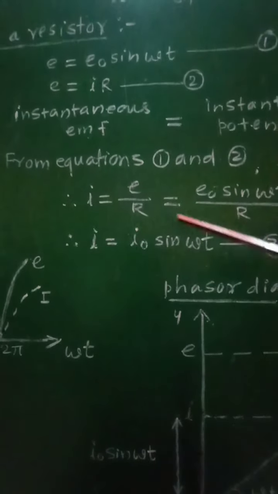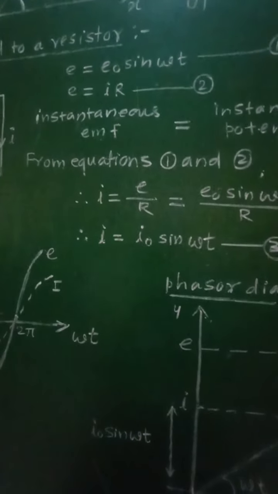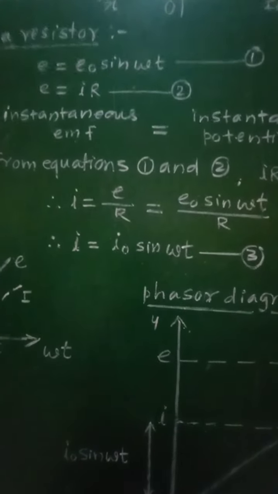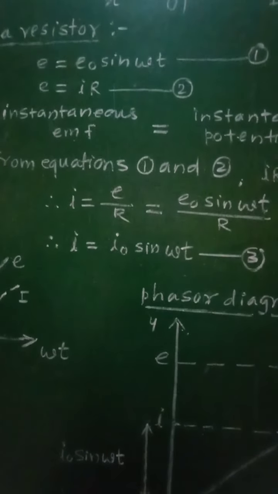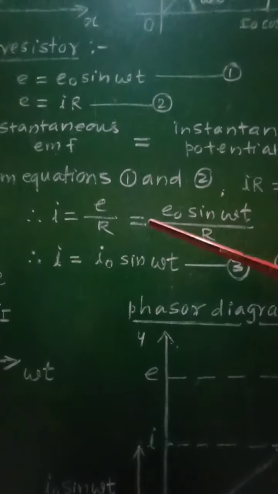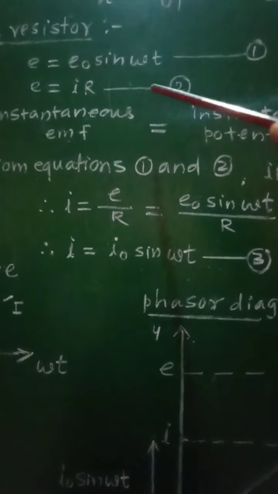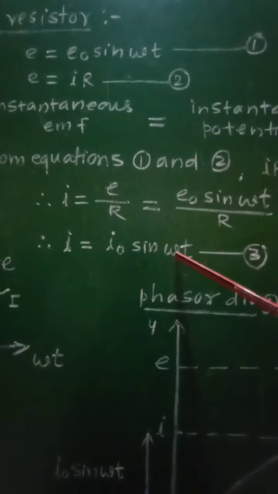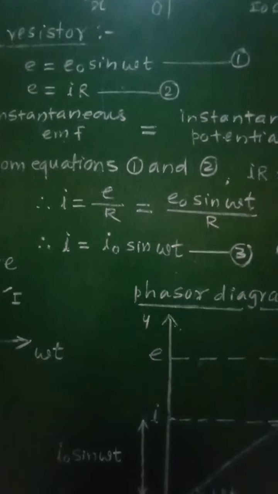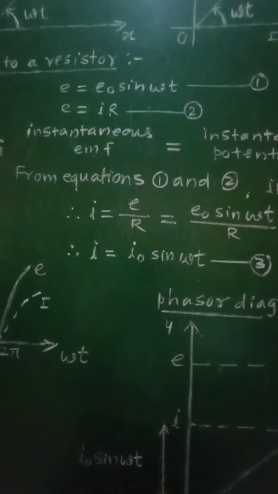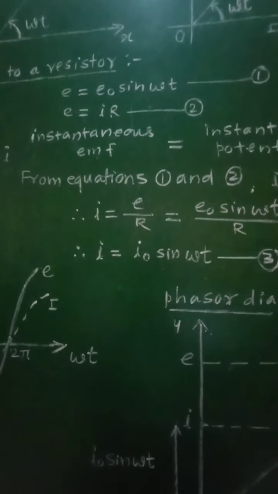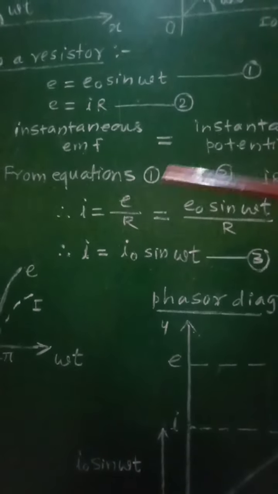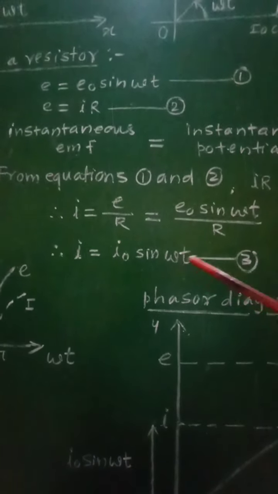From these two equations it is clear that the instantaneous EMF and instantaneous current are in the same phase. There is no phase difference, because here the phase is omega t, and here the phase is omega t. The phase difference between the EMF and the current is equal to 0.